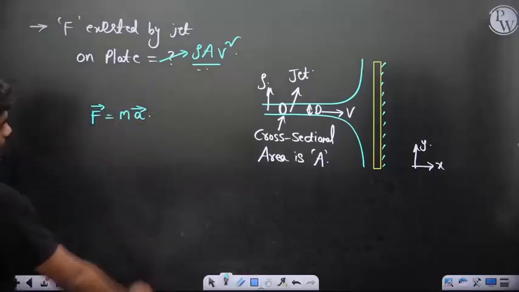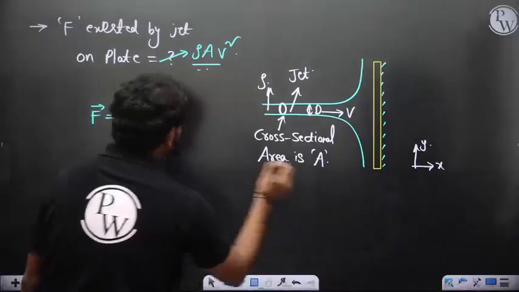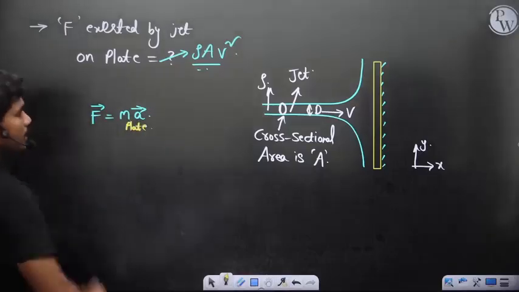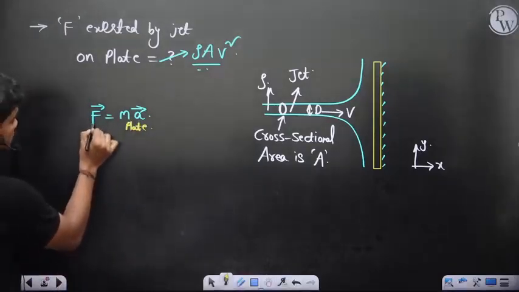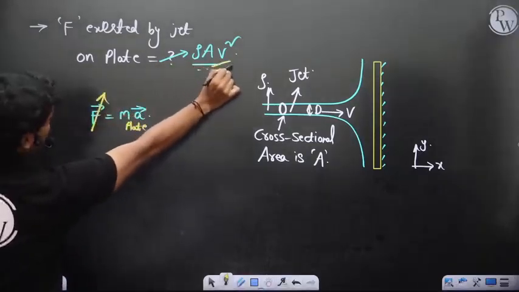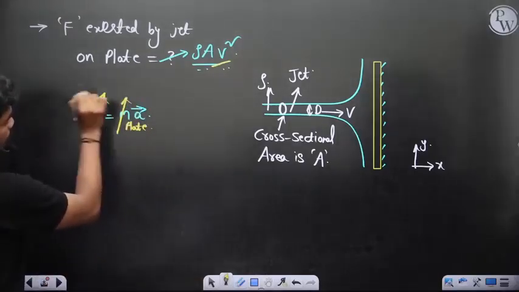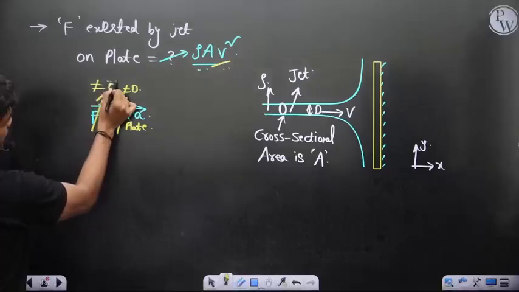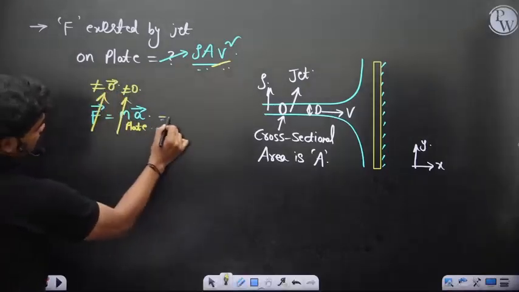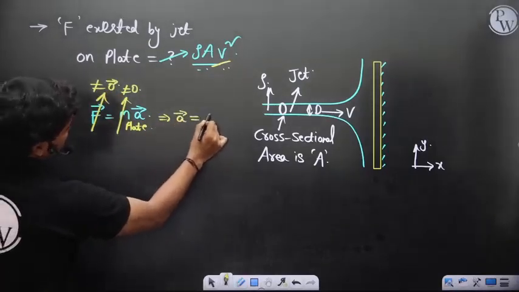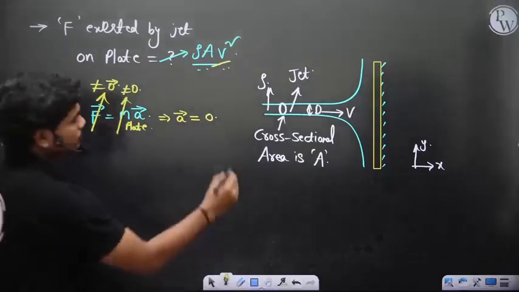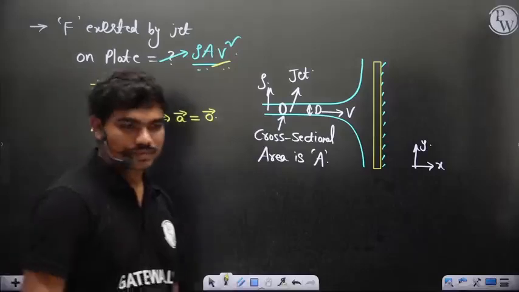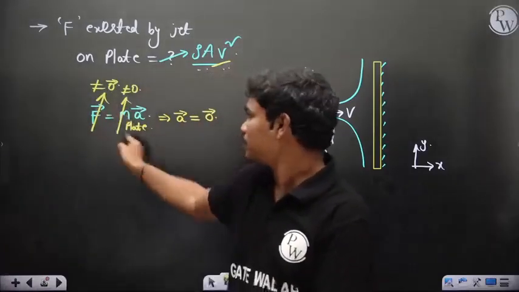When this force is exerted on the plate, the mass of the plate is non-zero, and rho a v square is also not 0. So from this equation, tell me quickly, should acceleration be 0 or not? Just look at this equation.